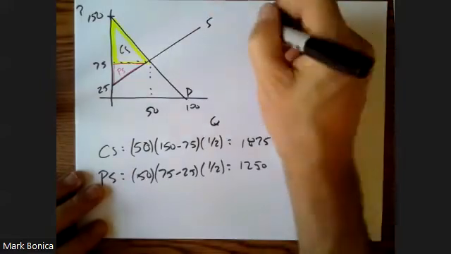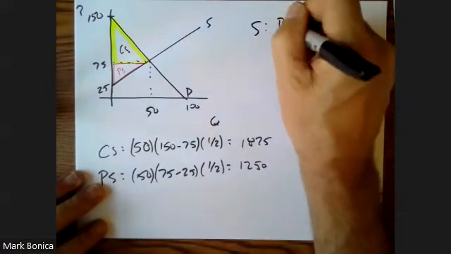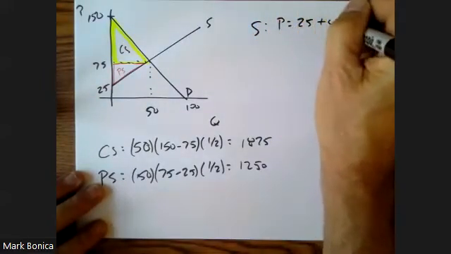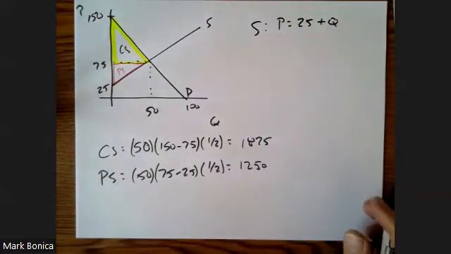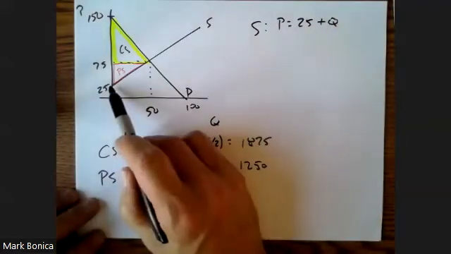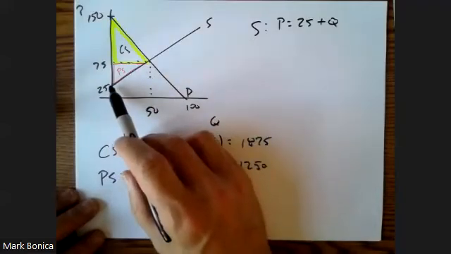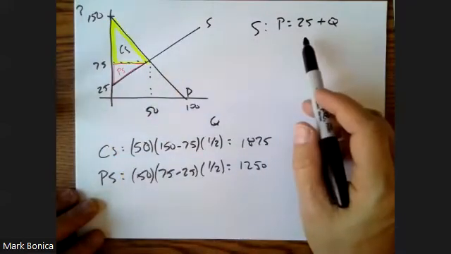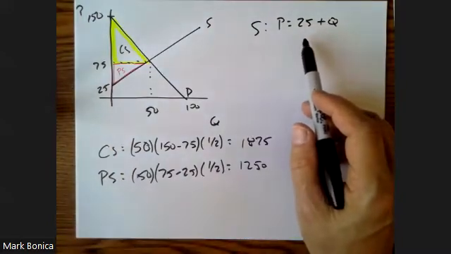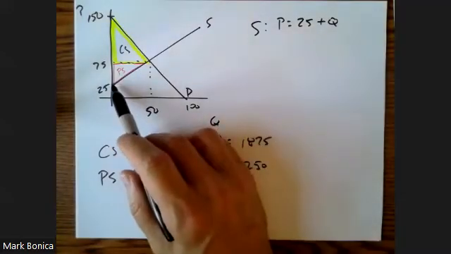Well, we said her supply curve was P equals 25 plus Q. And the 25 tells us where she begins in terms of her willingness to produce.